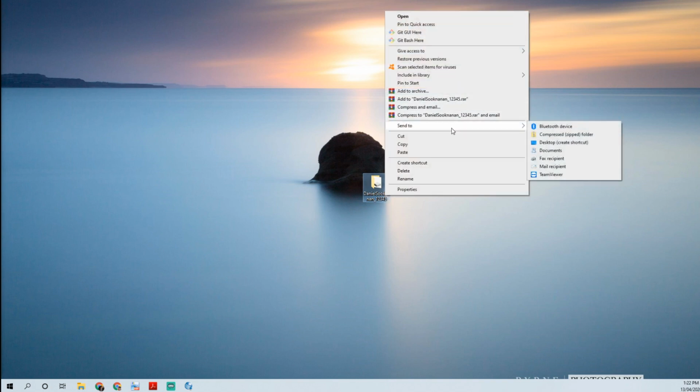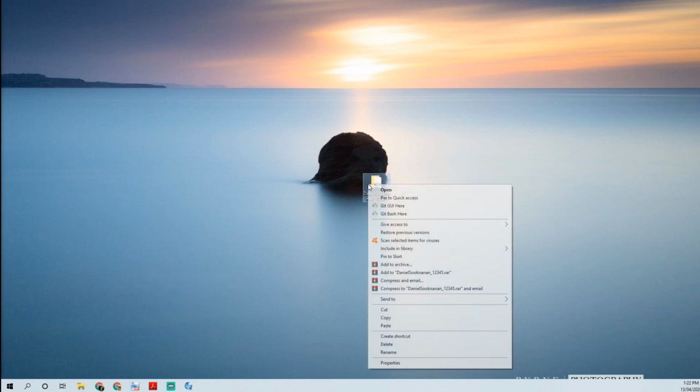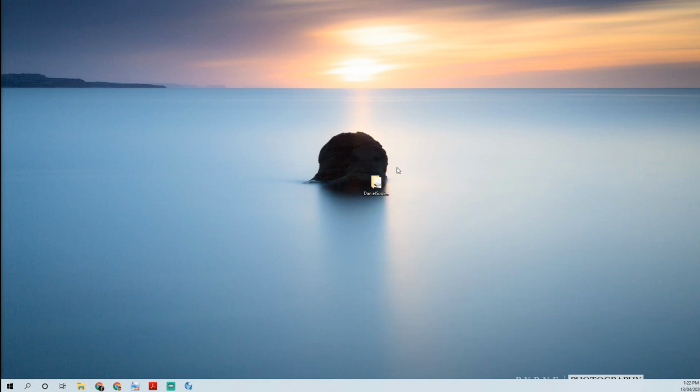Then you are going to zip this folder by right-clicking on the file, send to compressed zipped folder, and that actually creates a zipped file of the folder for us, right? And this zipped file is what we are going to either upload to Moodle, depending on the format of the exam, or to a flash drive.